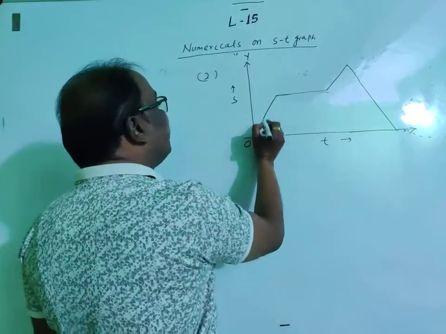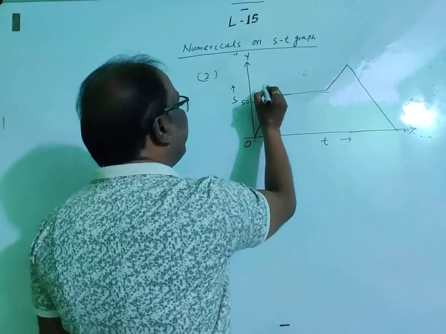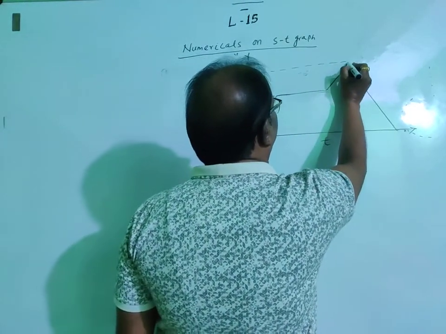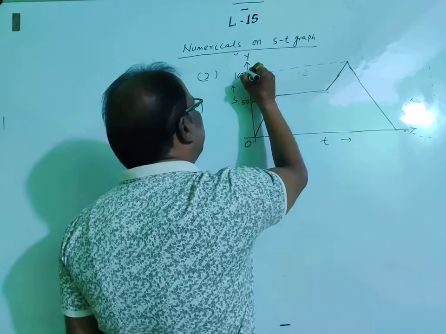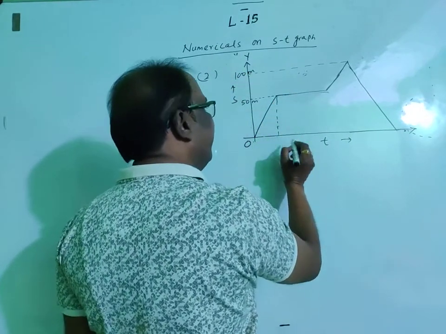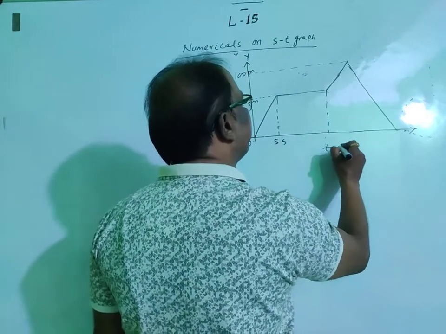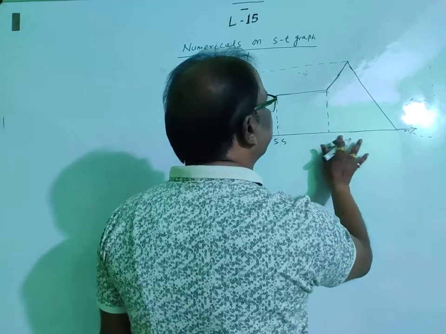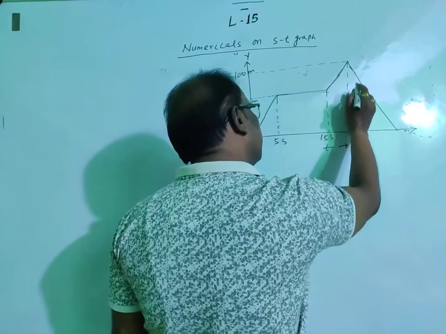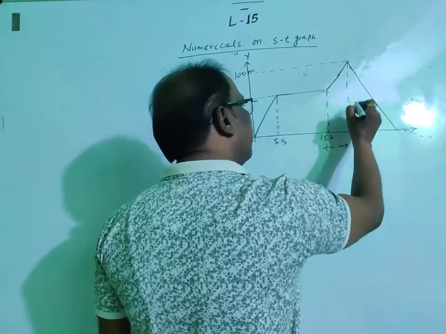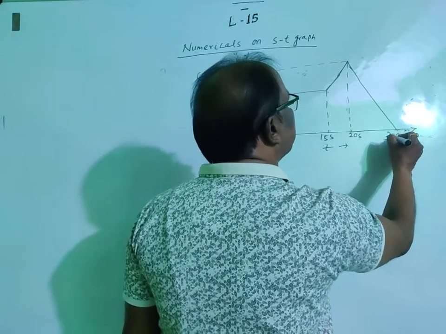Here time is 0 and position is 0, and this shows, let's say, 50 meters, and here this is 100 meters, and this time is, let's say, 5 seconds, and this time is, let's take, 15 seconds, and here this time is 20 seconds, and finally this time is 30 seconds.